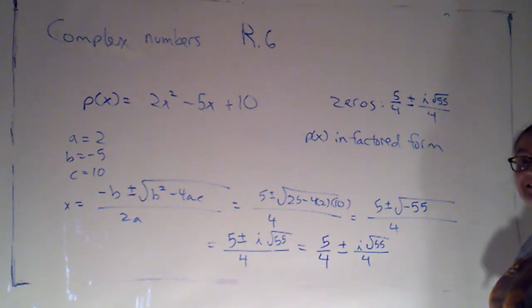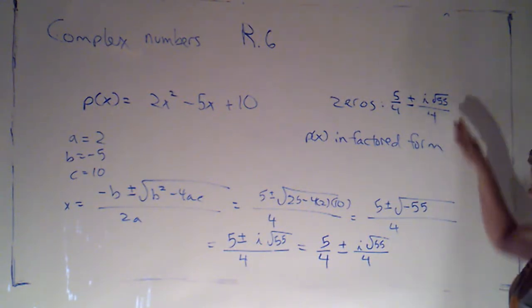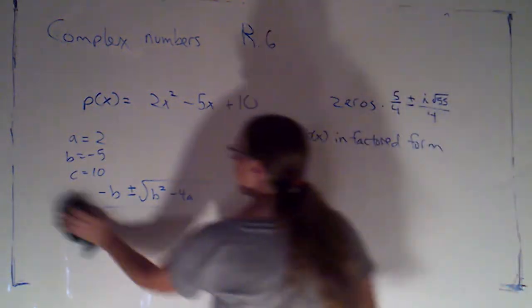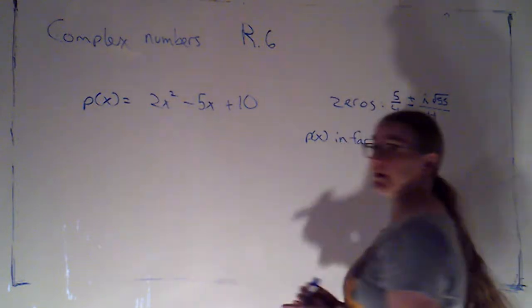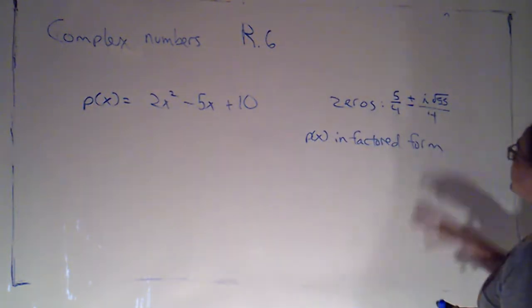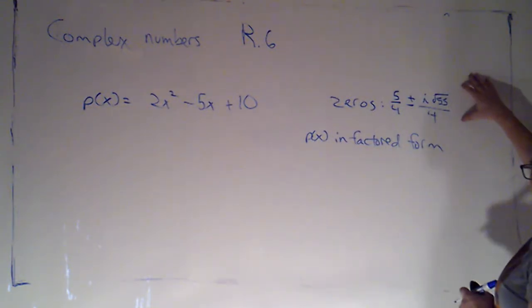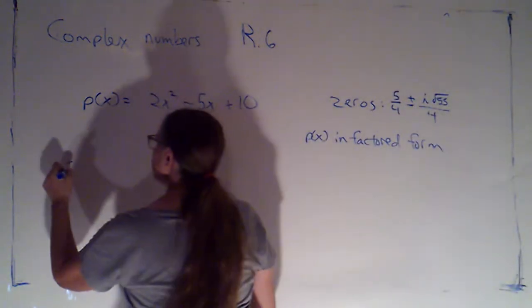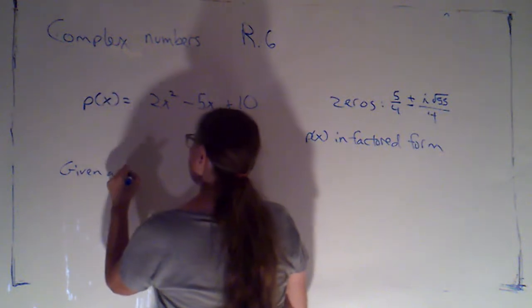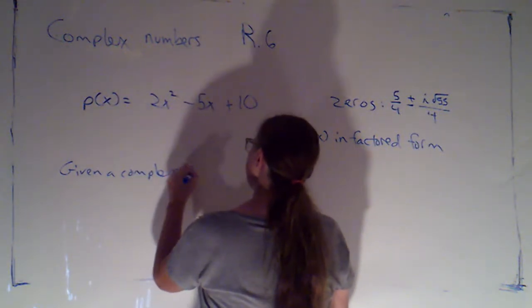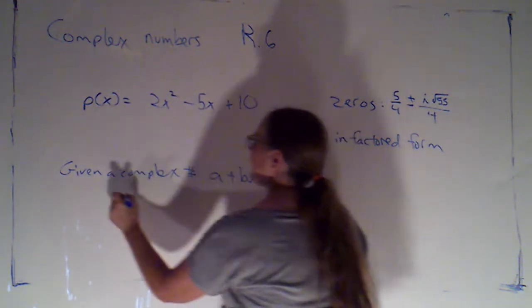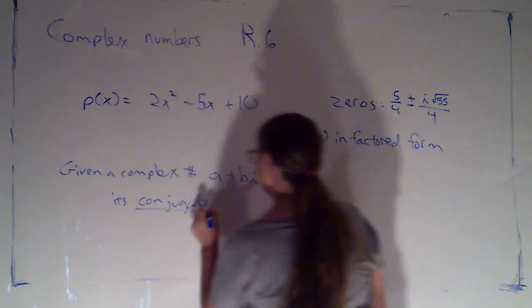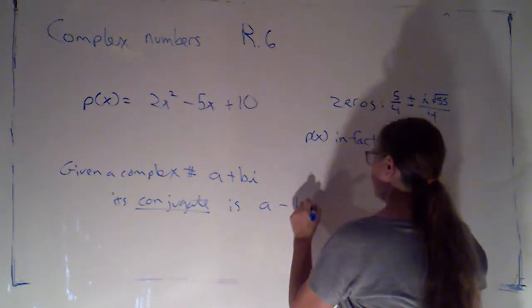That's where we're going to see these complex numbers showing up as zeros of a quadratic that we get using the quadratic formula. Okay, you'll notice these guys have an awful lot in common. It's just the plus or minus sign. Okay. So given a complex number, a plus bi, its conjugate is a minus bi.